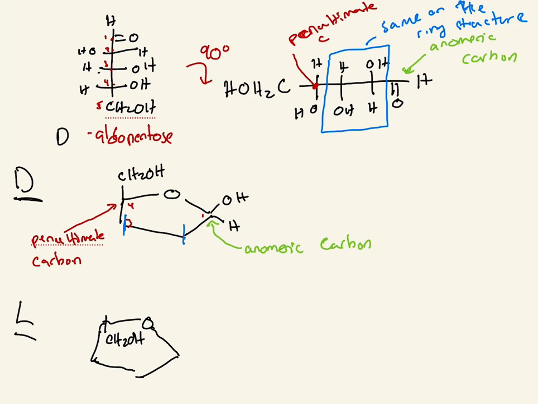I'm going to number this structure on the side just so we can keep track. This is 1, 2, 3, 4, 5, right? This was 2 here, 3, 4, then 5 is off the ring, so we're not worried about that. On the second carbon, the hydroxyl group should go which direction? Up or down on the ring?